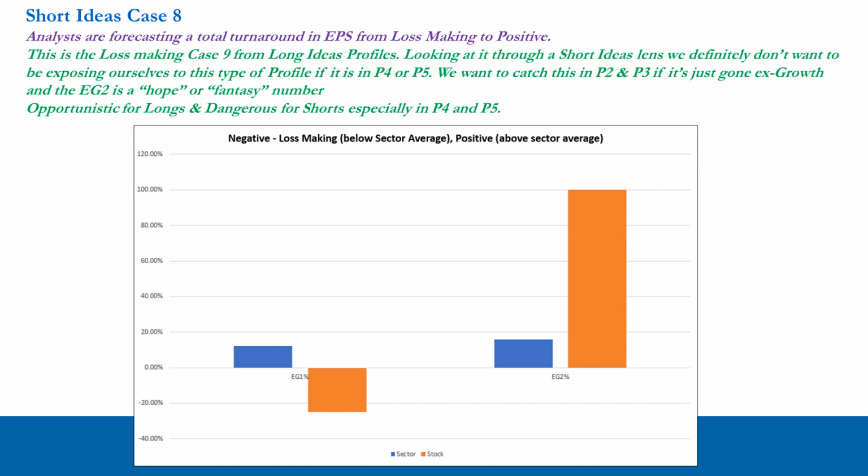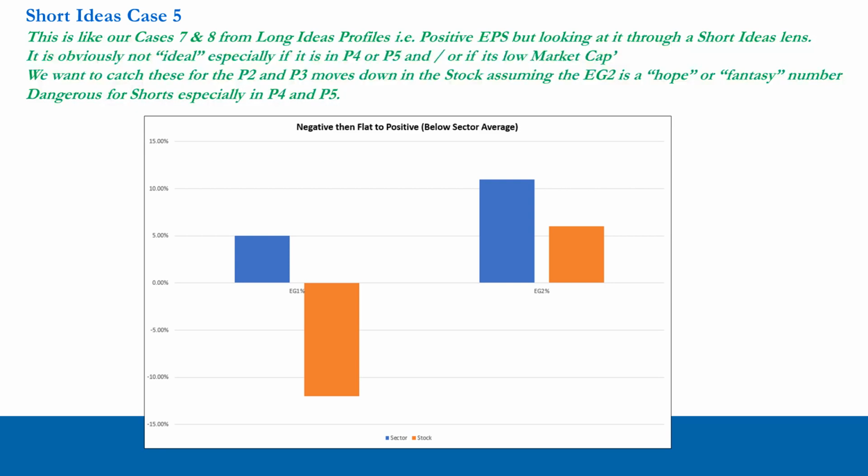Now, thinking in the bigger picture here, it's obvious that our case number 5 and our case number 8 are not ideal situations when we're looking for short setups. If we go back to case number 5 for a moment, and we think of the notion of whether we are going with the market or we're going against the market, if we look at the earnings growth profile of the stock in absolute terms, we go from negative earnings growth to positive earnings growth from period 1 to period 2.